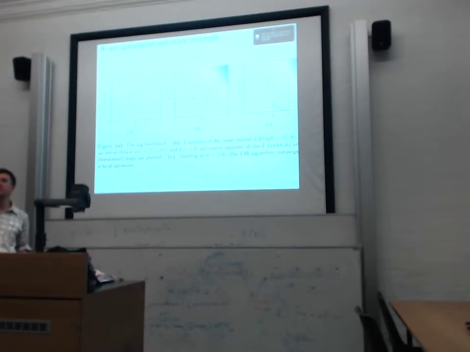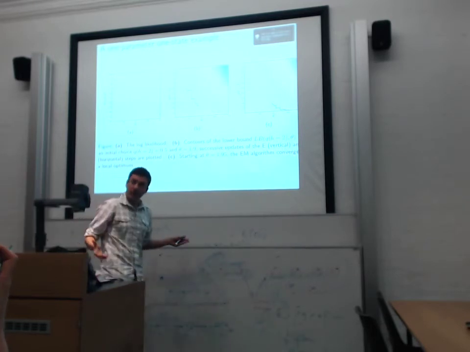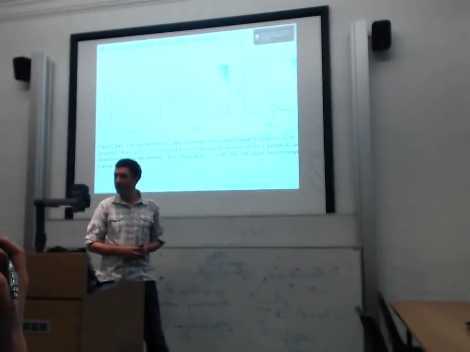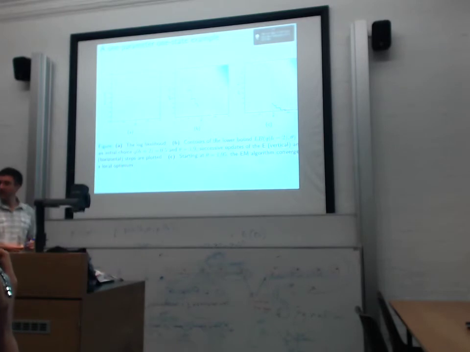You're only guaranteed to get to a local optimum of this. It doesn't guarantee the global optimum. So yeah, we're in trouble, right? And that's the unfortunate situation with latent variables. There's no panacea for optimization. We're just going to have to try many different things.